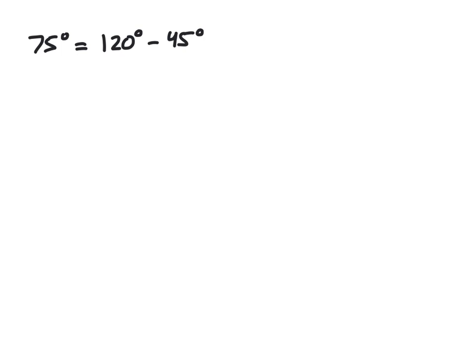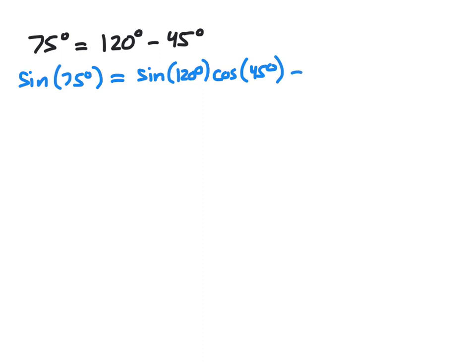So to quickly see this, let's think of sine of 75 degrees now, thinking of 75 degrees as this difference. If we apply the difference formula for the sine, we're going to take the sine of the first angle, 120 degrees, multiplied by the cosine of the second, 45 degrees, and subtract from that the sine of 45 degrees times the cosine of 120 degrees.